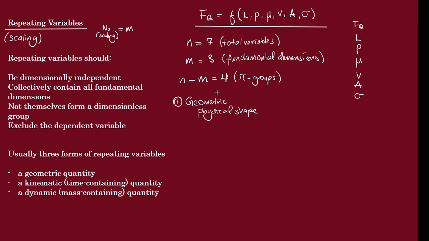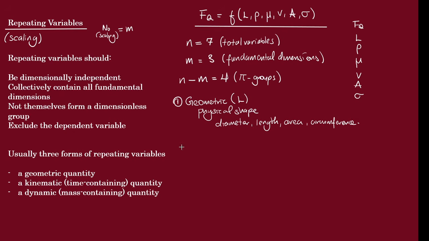Okay, so some variables you can select as geometric scaling variables are diameter, length, circumference, for example, area, etc. Okay, so how this works is that you need a geometric variable that will usually have dimensions of only L. So you sort of build up with the dimensions.